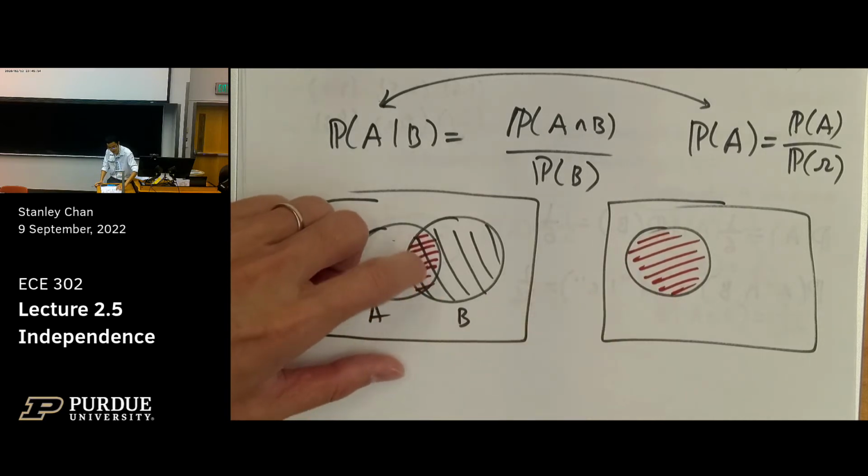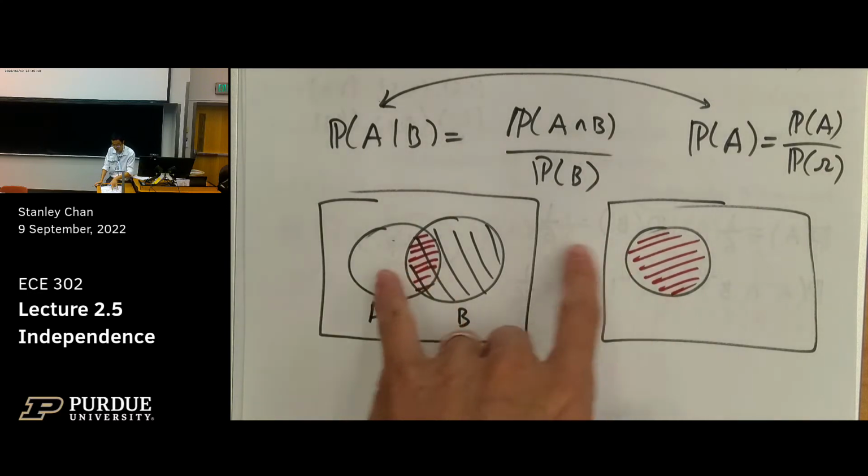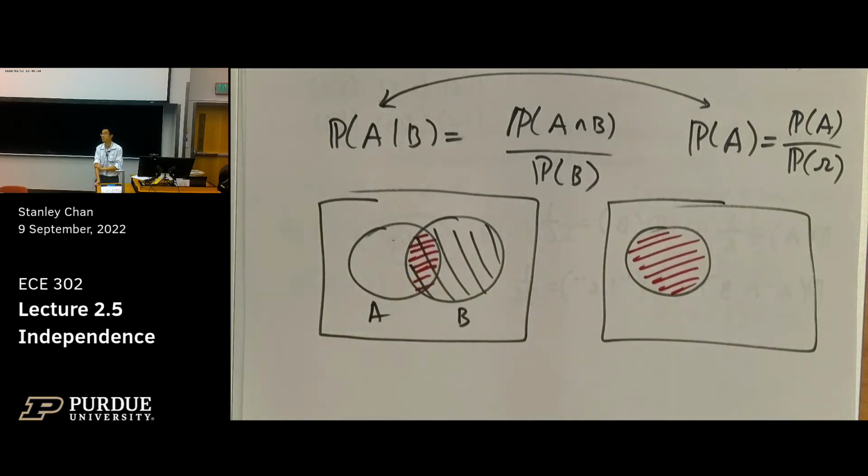If this little area occupies 20% of B, then you say that these 2 events, they are independent. That's the way to think about independence. It's not just intuitively, one event is not interacting with the other, because that's going to cause problems. Okay? The definition of independence comes from this ratio, this perspective of ratio. Okay? Question?